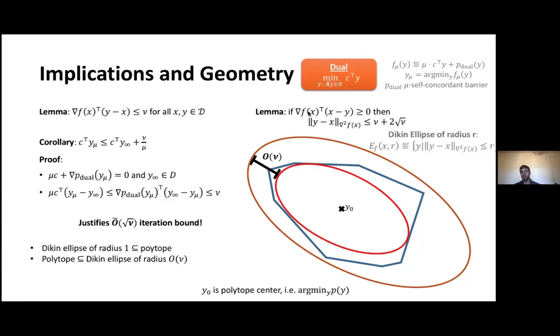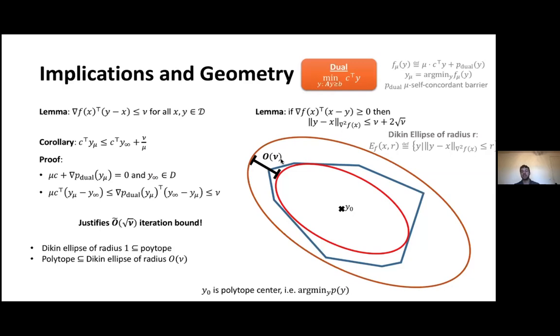So in the language of this lemma, grad f is 0, and this condition trivially holds for all points inside the polytope. What that means is that all points inside the polytope are at distance at most nu plus 2 square root nu from the center. In other words, at the center, the entire polytope is contained in the Dikin ellipsoid of radius O of nu.